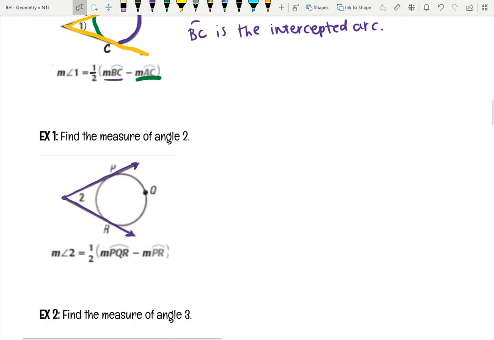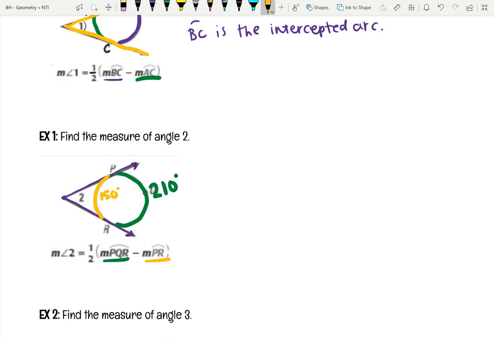So let's say, I'm going to give you some numbers here, guys, since it doesn't have any labeled. Let's say arc PQR is our intercepted arc. Let's say that's 210 degrees. And let's say that our minor arc PR is equal to, if that's 210, this would be 150.